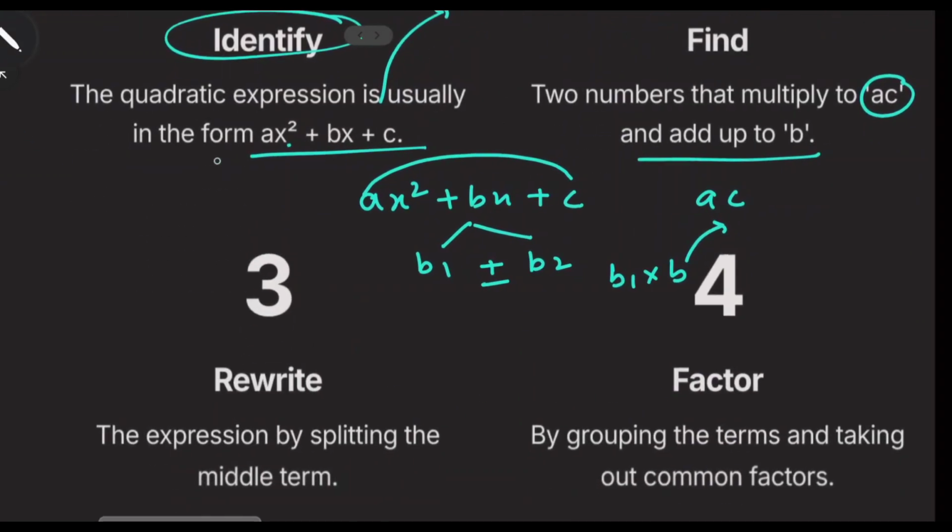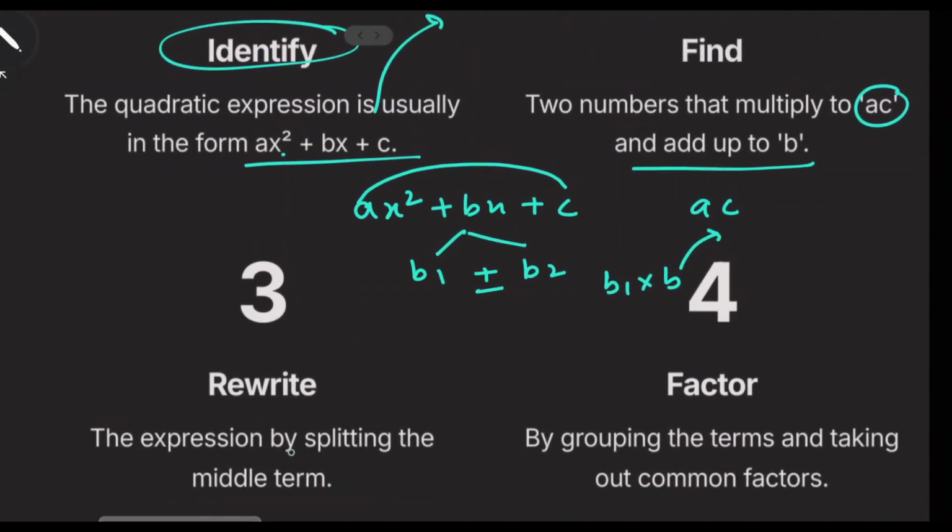The third step is to rewrite the expression by splitting the middle term. The coefficient of x is always the middle term in a quadratic expression. So we split b into b1 and b2, so that on multiplying b1 into b2 we get a into c, and on adding or subtracting we get b.